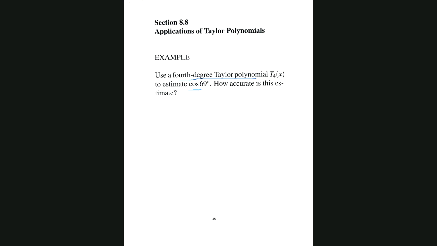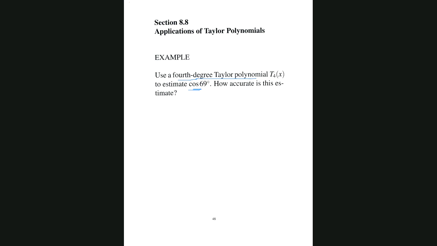But how do you do the cosine of 69 degrees? How does your calculator magically, if you put the 69 degrees in your calculator and do the cosine, get an answer? How does it do that? Or a computer, how would a computer magically get that answer?